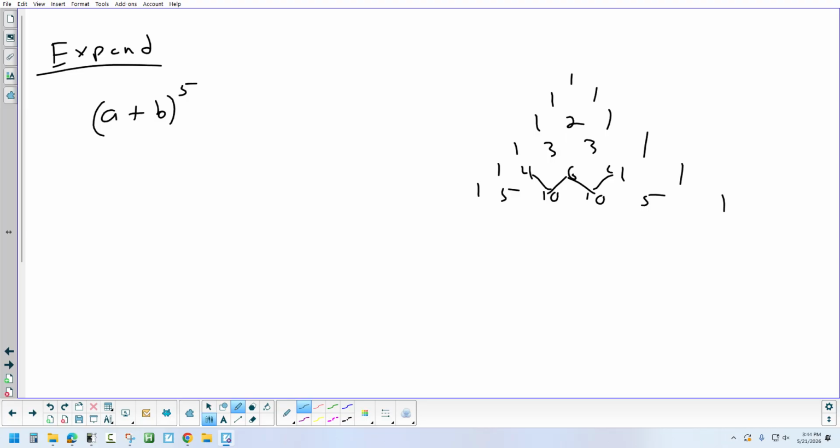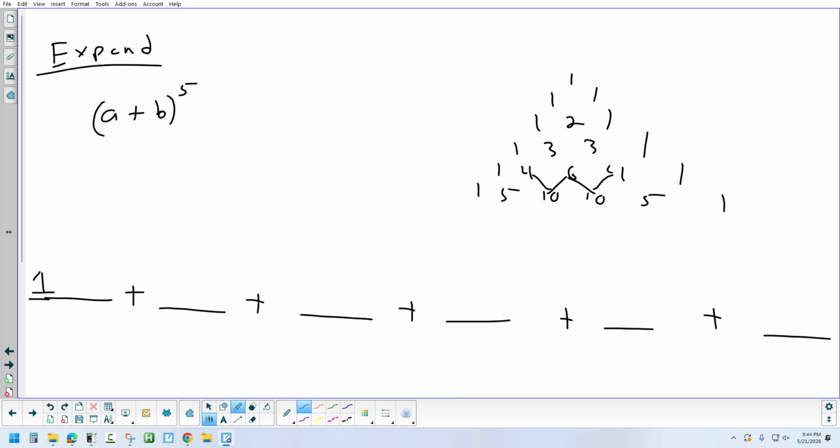Okay, so now when we expand it, remember you're going to get 6 terms. 1, 2, 3, 4, 5, 6. Each term has a coefficient. Let's write those down. What's going to be the coefficient of my first term? Yep. Oh wait, sorry, 1. Yes, okay.